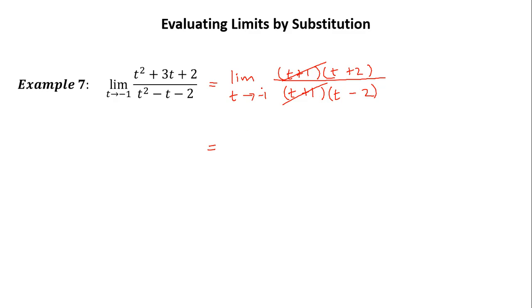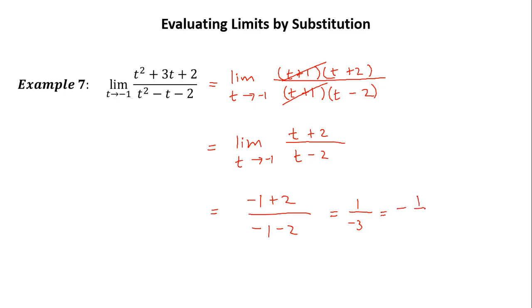So the given limit is equivalent to the limit as t approaches negative 1 of t plus 2 over t minus 2. Now we can substitute. So we have negative 1 plus 2 divided by negative 1 minus 2. So the final answer now is positive 1 over negative 3, or negative 1/3.